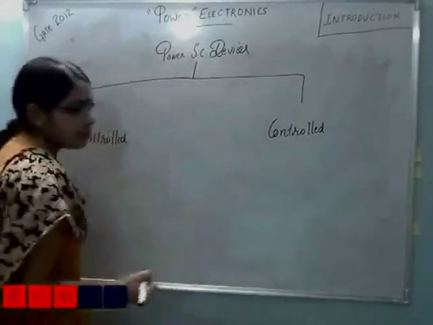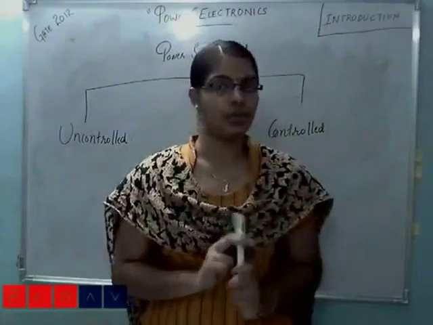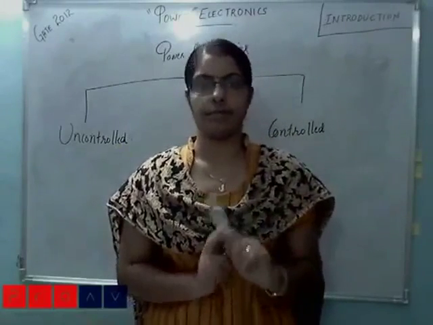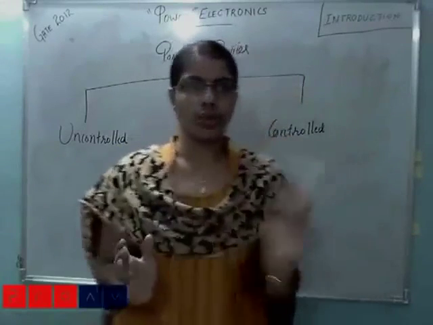As I have told you, power electronic devices operate in only two modes, that is on and off. So what do you call those devices which operate only in two modes, on and off?